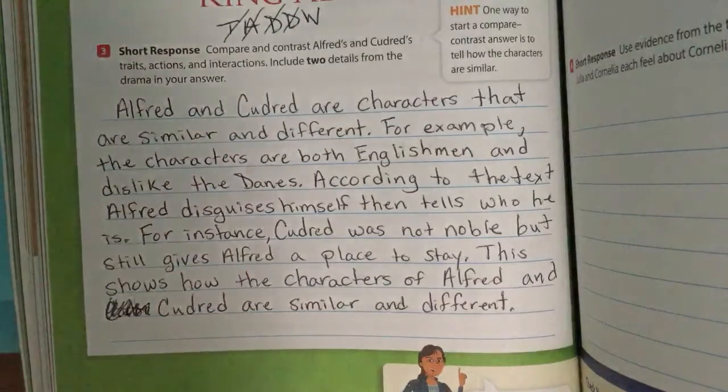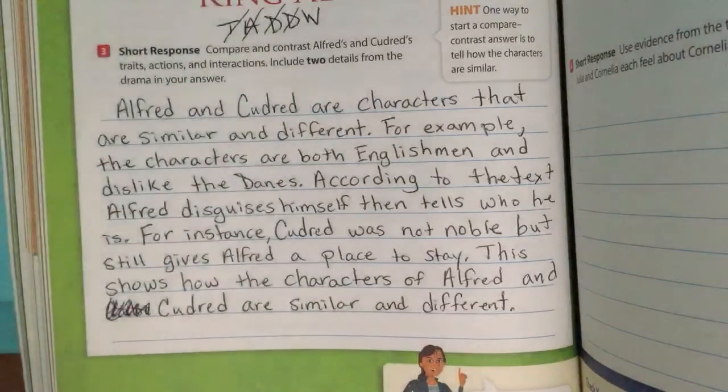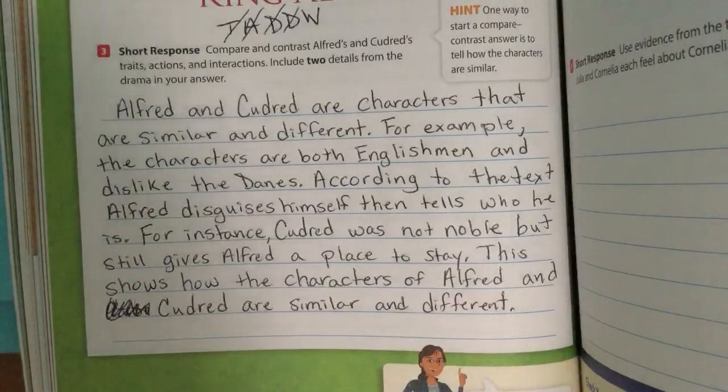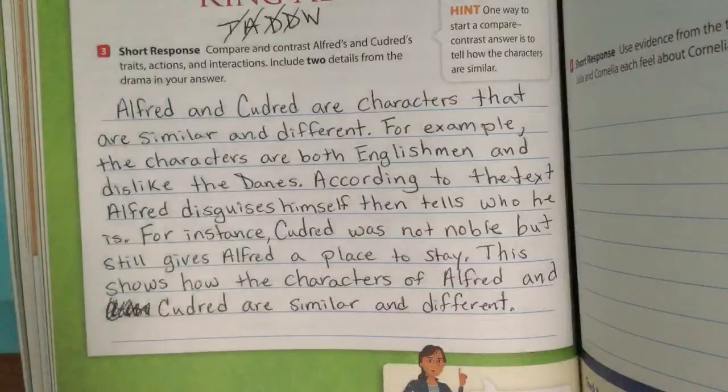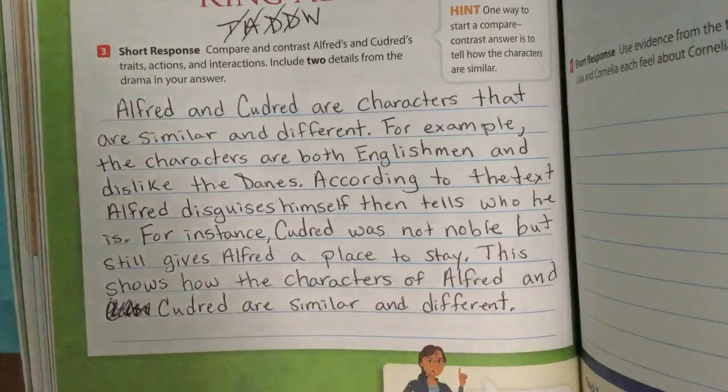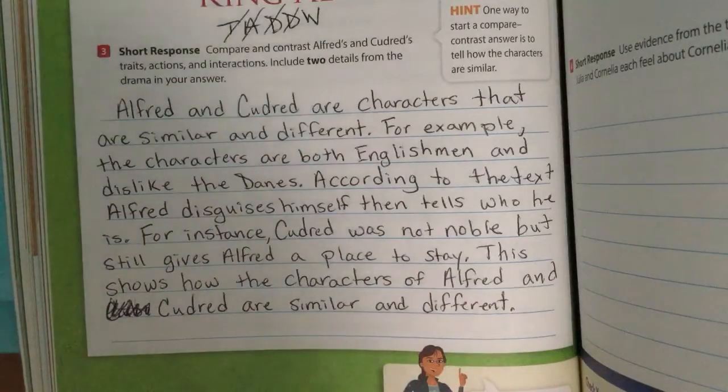For instance, Codred was not noble, but still gives Alfred a place to stay. This shows how the characters of Alfred and Codred are similar and different. So, did we compare and contrast their characters? Yes. Did we use the traits, actions, and interactions we talked about before? Yes.